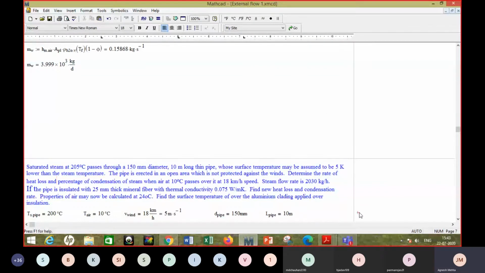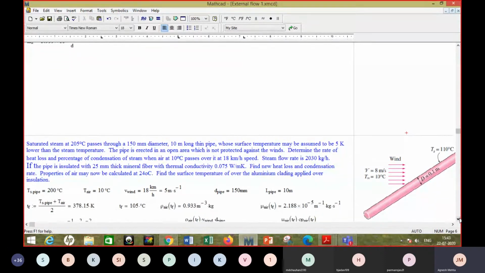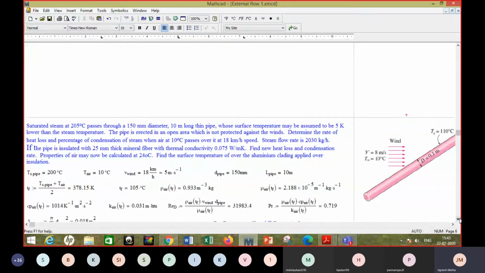And as I have been telling, one should draw such a schematic diagram before starting to solve the problem. Okay, so there is a pipe, so it's basically a cylinder in cross flow, right? And air or wind is flowing over that.